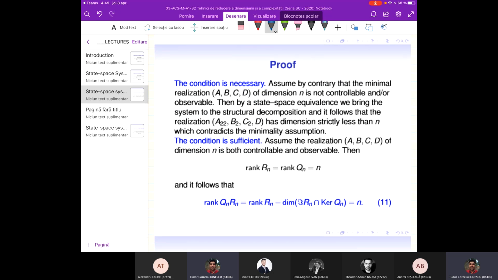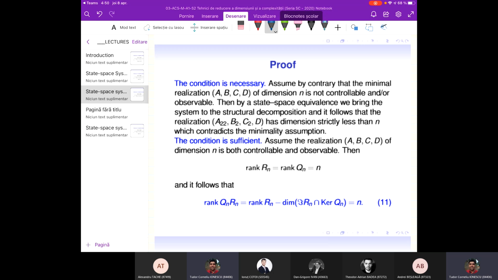And here we have a proof. First of all, we show that the condition is necessary. You assume that the realization of dimension n is not controllable and/or not observable. Then by a state space equivalence transformation, you bring the system to the structural decomposition, as we learned last time, how to extract the controllable and observable part from any realization.